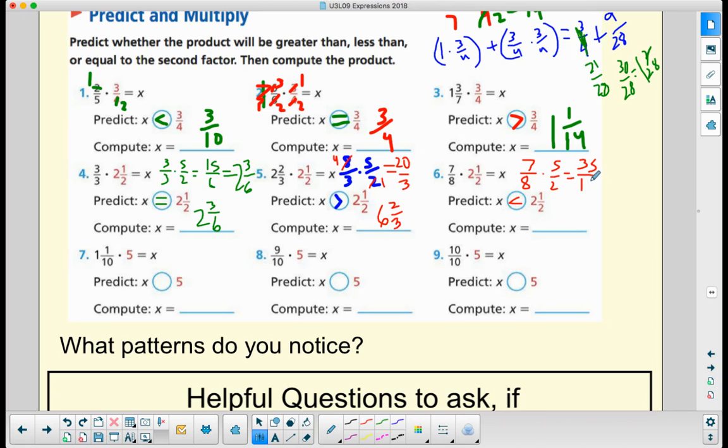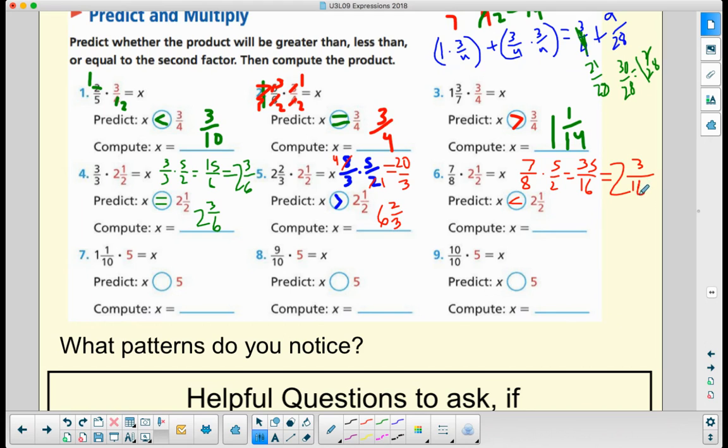That gives me 16. That is greater than 1 whole. Every 16 sixteenths make a whole. How many 16ths are in 35? Well, double 16 is 32, so there are 2 wholes. 35 subtract the 32 sixteenths leaves me with 2 3/16.